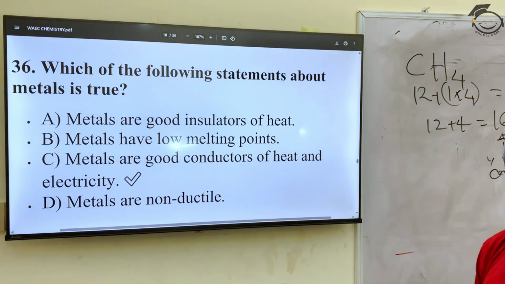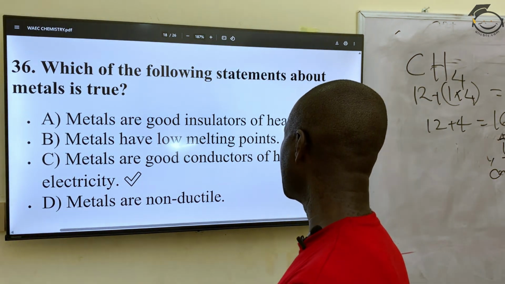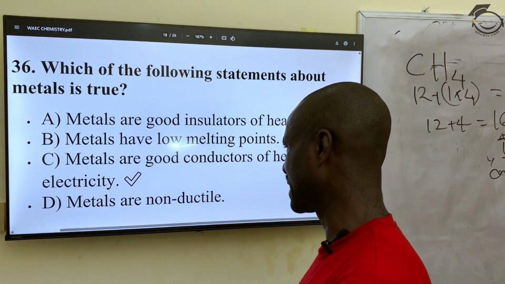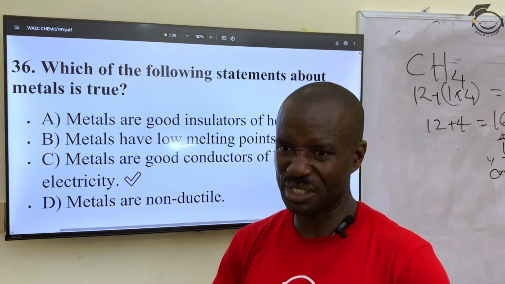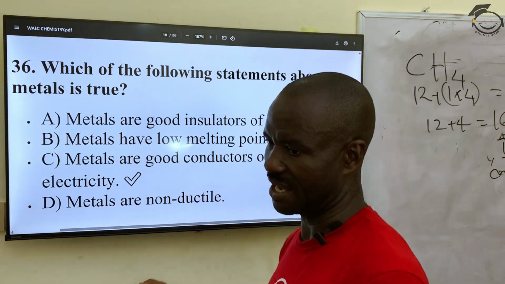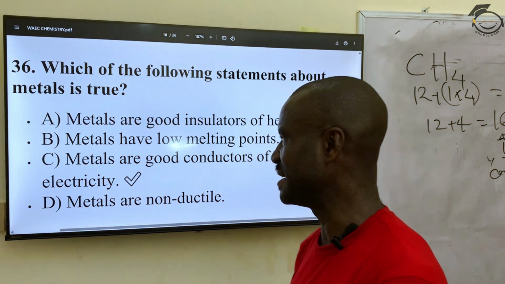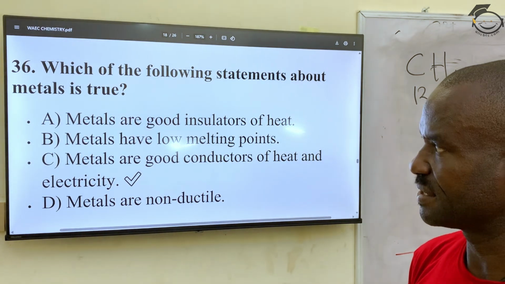No, metals rather have high melting points. C, metals are good conductors of heat and electricity. D, metals are non-ductile. Ductility means ability to be drawn into wire. So if you say they are non-ductile, it is wrong as a characteristic of metal. So the correct answer is C. Metals are always good conductors of heat and electricity.